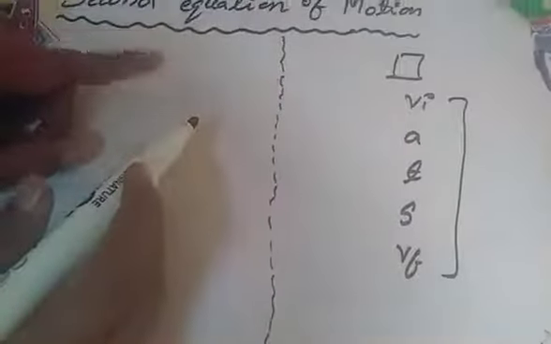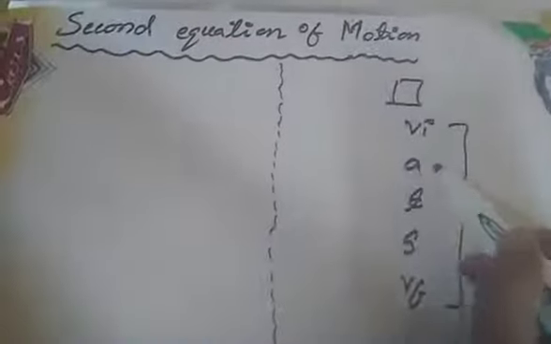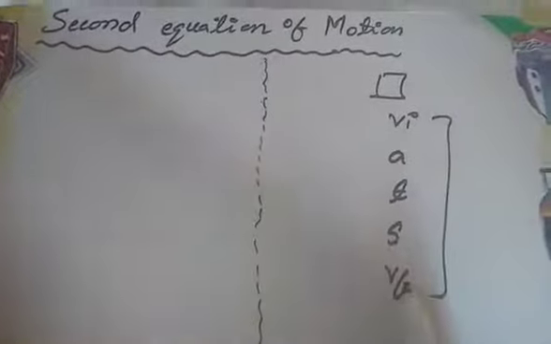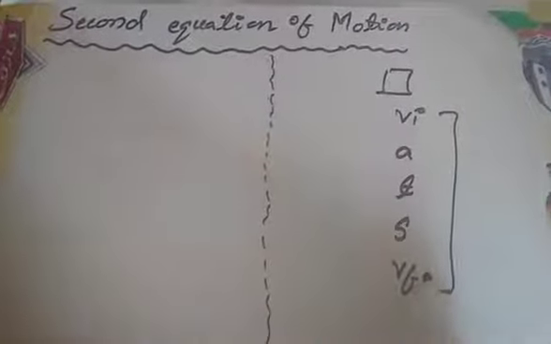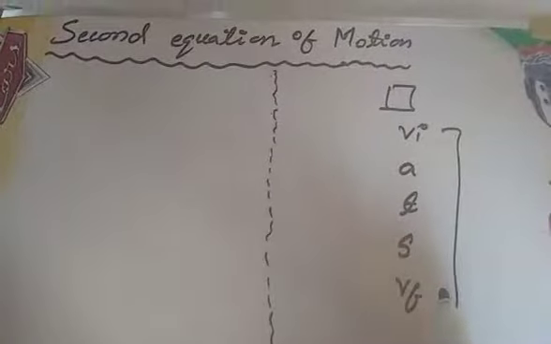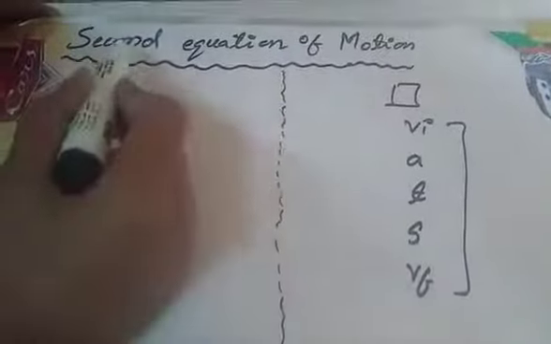So these are the factors to derive the second equation of motion: initial velocity, acceleration, time period, displacement covered, and final velocity. Let's try to prove it.